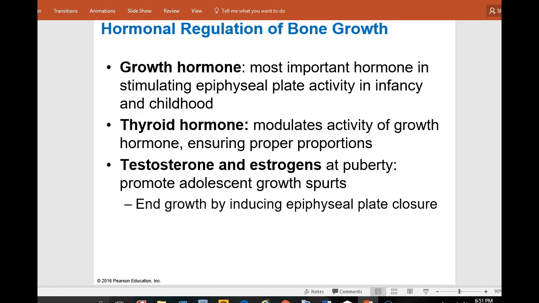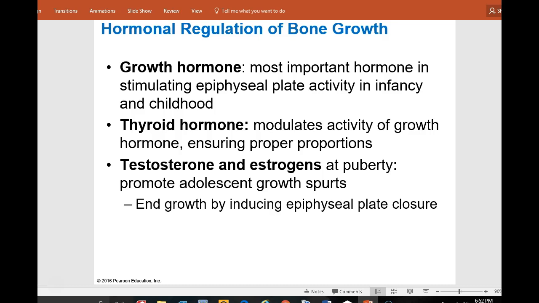Thyroid hormones, and there are a couple different kinds, which come from the thyroid, are primarily responsible for normal growth. At their core, thyroid hormones influence BMR, basal metabolic rate. So the rate at which you're building bones, the rate at which you catabolize fatty acids and glucose to make the energy to make more bone.